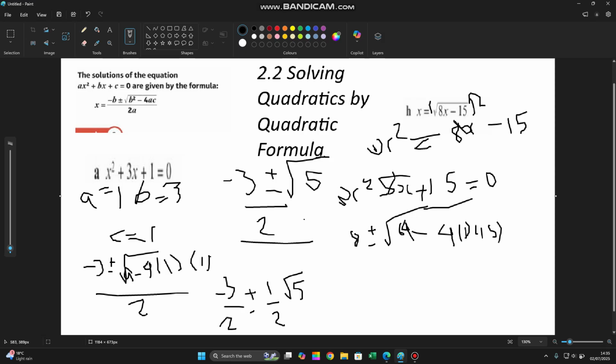Because a is 1, because obviously there's no number before the x squared, and c is 15, all divided by 2a, so it's 2.